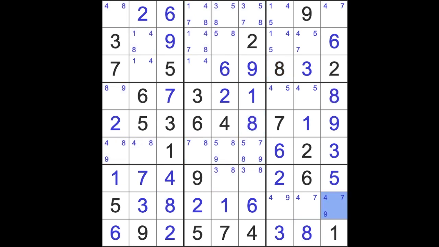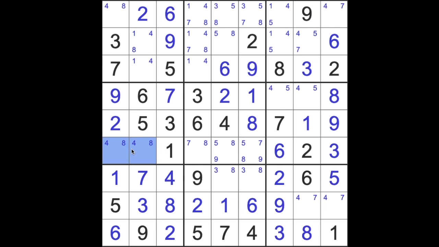Get rid of the 9 here, giving me a pair of 4 and 7 up there. That's okay, looking good. Now we've got 4, 7 here, so this is our 9. This 8 now gives us a 9 in this square, and we have to remove candidate 9 there.